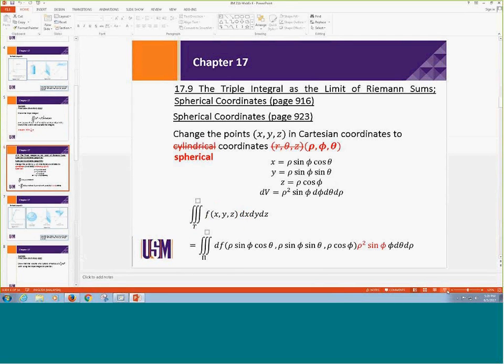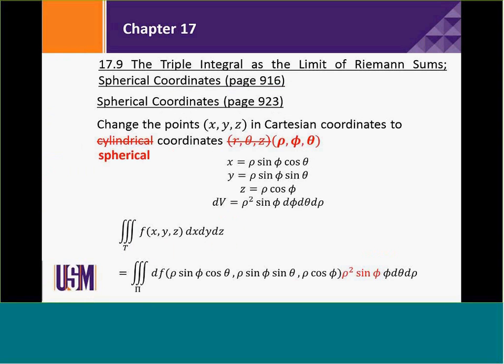Now we go on to the other one, the spherical coordinates. In spherical coordinates, you change from x, y, z to rho, phi, theta, and this is the formula that is involved. Don't worry, don't memorize the formula, because it will be given during the final exam. And how do you transform x, y, z using this?